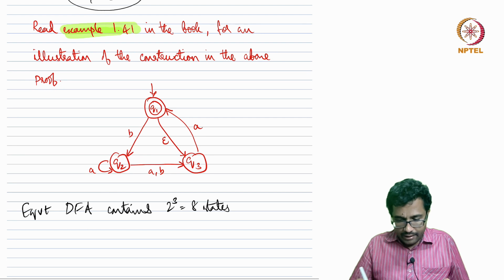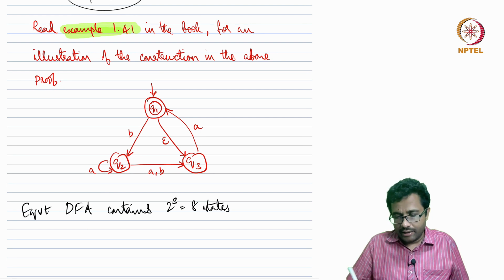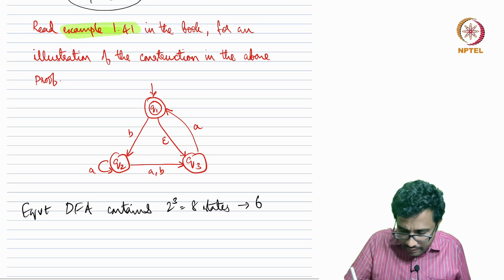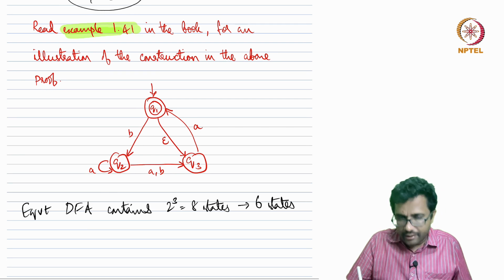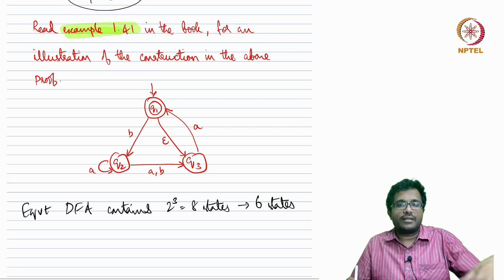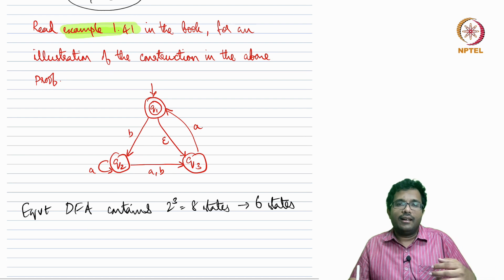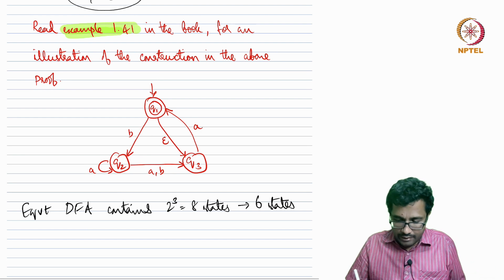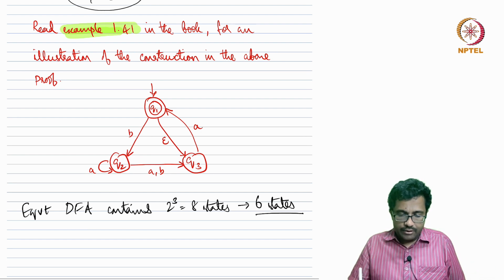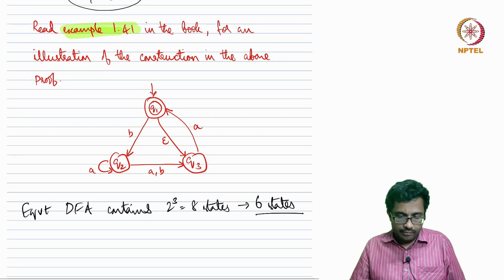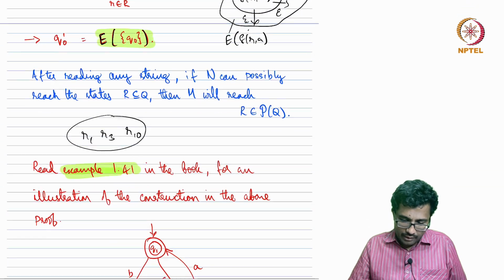But when you construct it, there are some unreachable, useless states. In the example, they cut down 2 states because they are not serving any purpose in the DFA, so it ends up being 6 states. Please go through this example in the book.